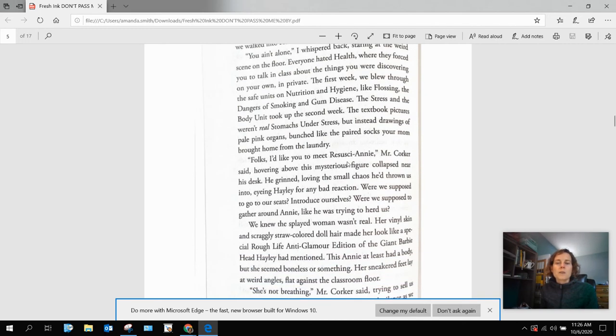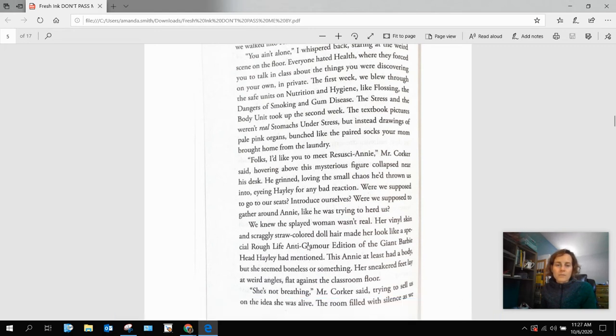Folks, I'd like you to meet Recessa Annie, Mr. Corker said, hovering above this mysterious figure collapsed near his desk. He grinned, loving the small chaos he'd thrown us into, eyeing Haley for any bad reaction. We were supposed to go to our seats, introduce ourselves. Were we supposed to gather around Annie like he was trying to herd us? We knew the splayed woman wasn't real.